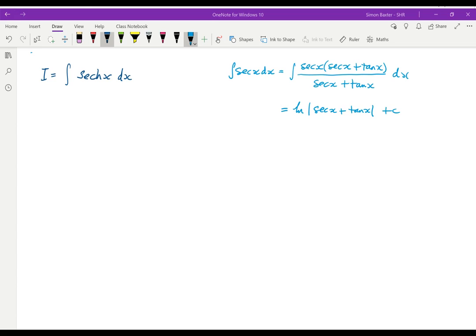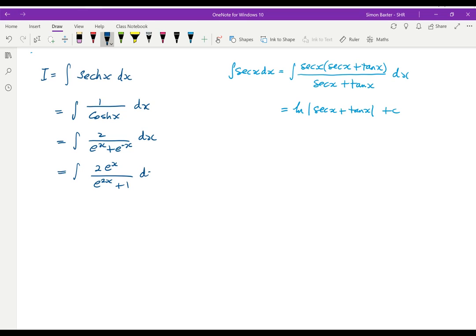What happens if we move over to using exponentials? This is the integral of 1 over cosh x dx. Cosh x is a half, which gives us 2 on the top, e to the x plus e to the minus x. Multiply top and bottom by e to the x. It is possible to spot that by reverse chain, but just a little bit tricky. So let's use a substitution.